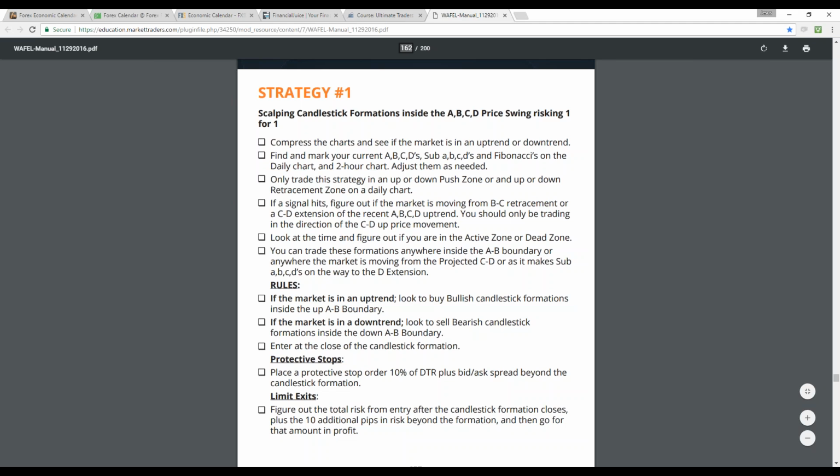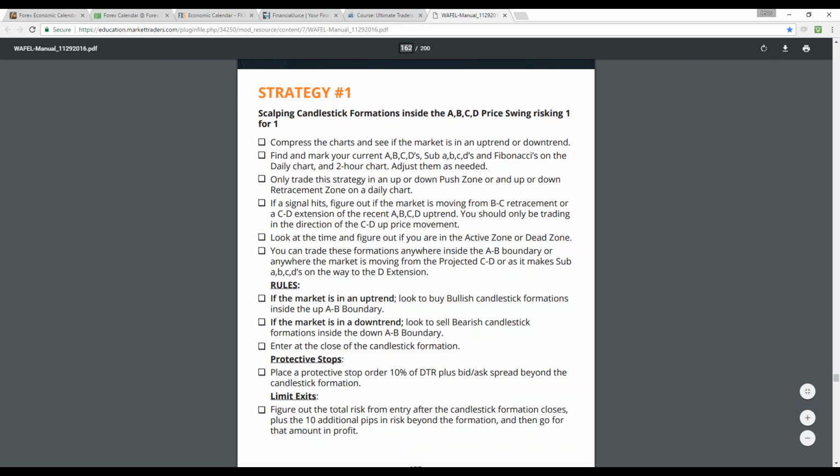Now we should only look to apply this strategy in an up or down push zone, or in an up or down retracement zone on the daily chart. Remember that based on the education, we should be looking to trade the C to D part of the swing, and we should be looking to trade in the direction of the larger time frame.